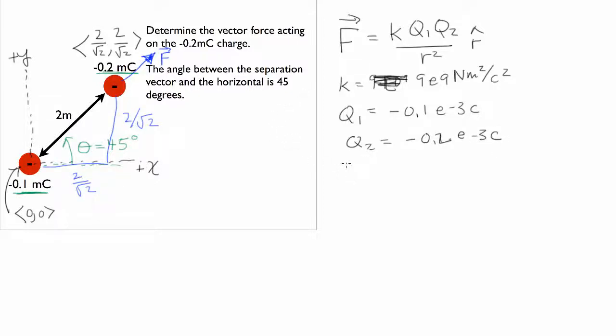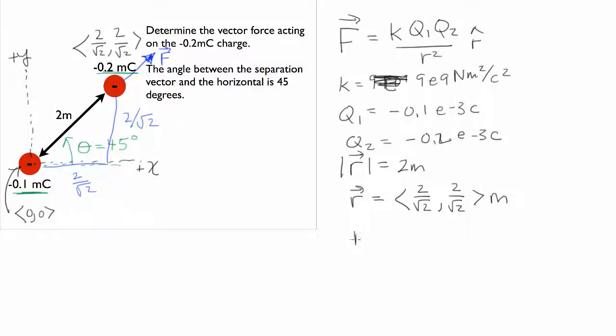Now we have to figure out what r is. The charges are separated by 2 meters in this linear direction, so the magnitude of the distance between them, magnitude r, is equal to 2 meters. But the r vector that actually separates them is 2 over root 2, comma, 2 over root 2 meters.